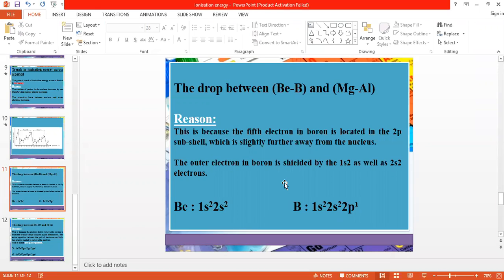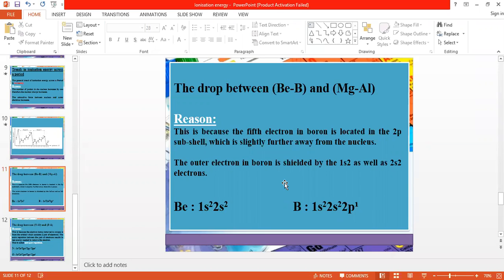If forces are weak, we need less energy. The electron present in aluminum's outer shell is further away from the nucleus. If away from the nucleus, we need less energy. That's why aluminum has lower energy compared to magnesium.